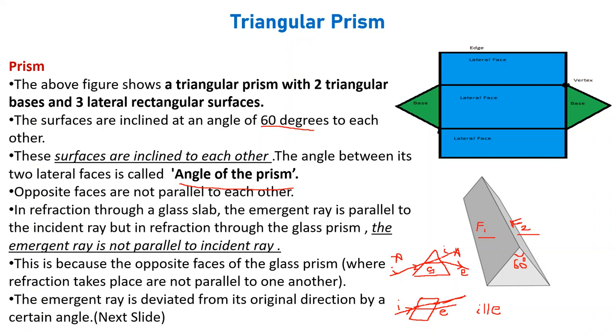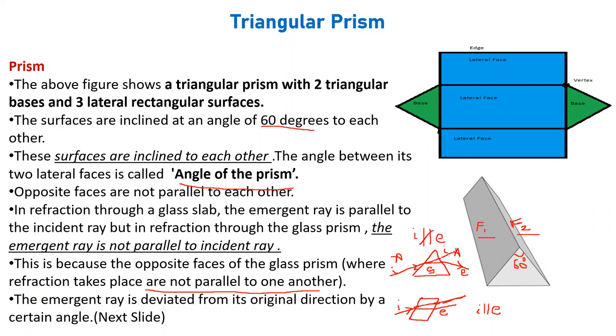Over here, the incident ray is not parallel to the emergent ray because of the arrangement of these two surfaces, F1 and F2, which are arranged at an angle of 60 degrees, children. This is because the opposite sides of the glass prism where the refraction takes place are not parallel to each other.